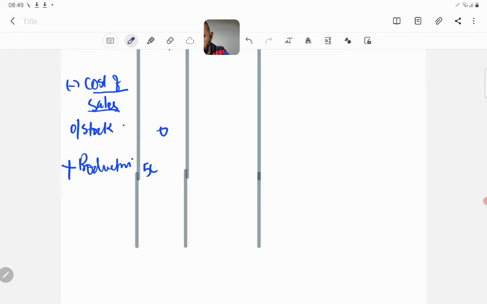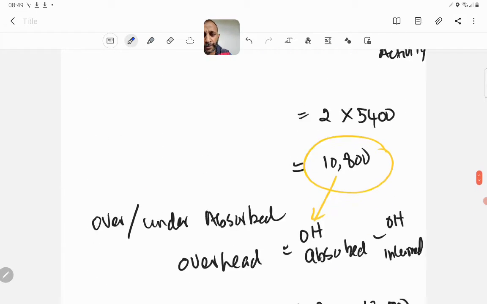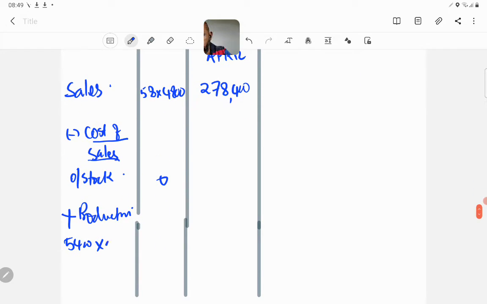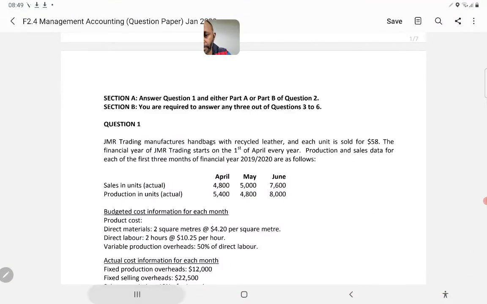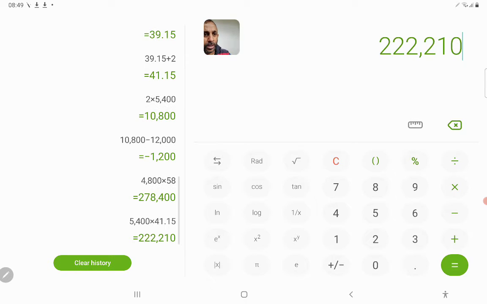So 5,400 units into the total cost we calculated here, 41.15. So how much? 5,400 into 41.15 is 222,210.